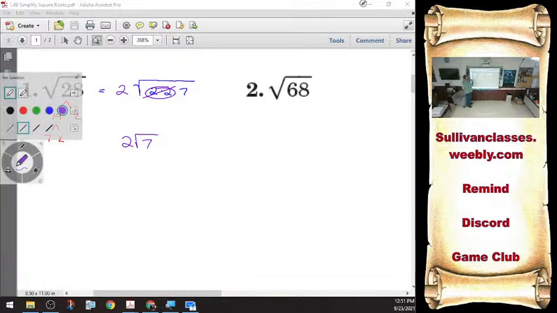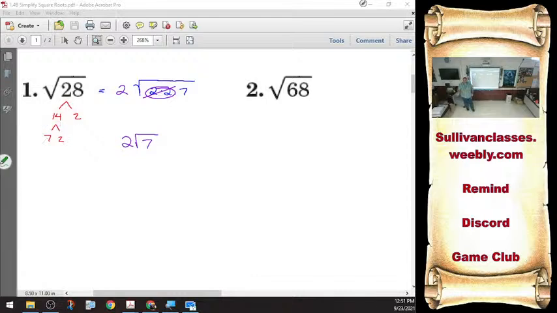The other way to do this is why I wanted you to have your calculator with, and your perfect square list with. Okay? I would like you to find what is the biggest perfect square under 28. 25. Okay? Grab the calculator. 28 divided by 25. Does it work?